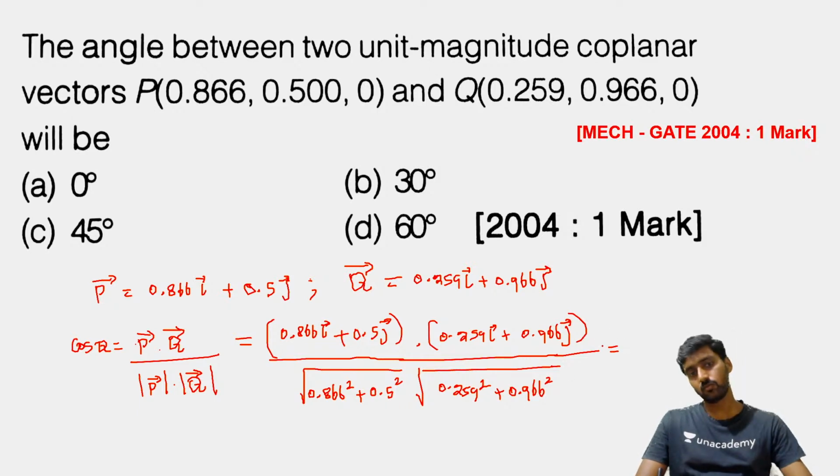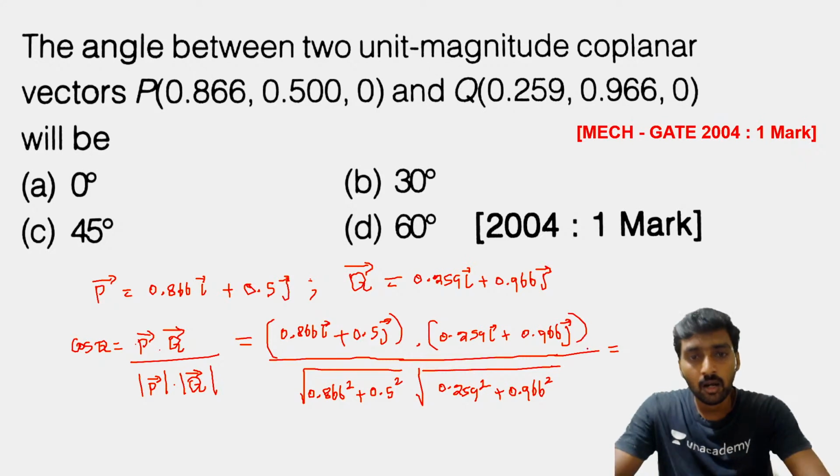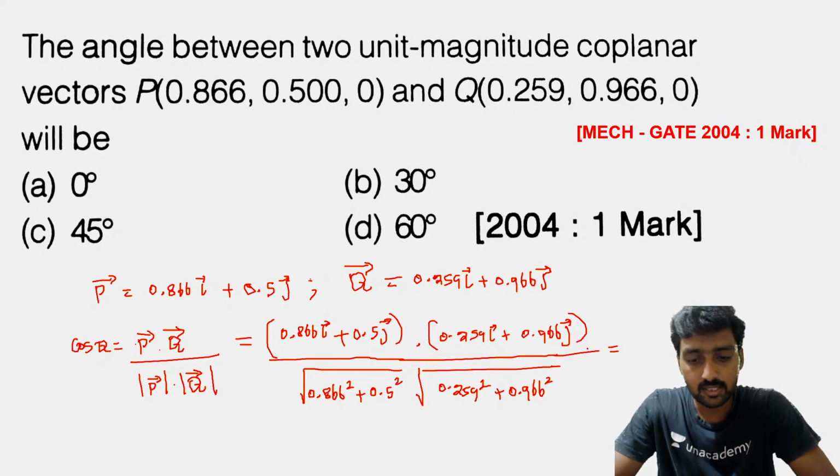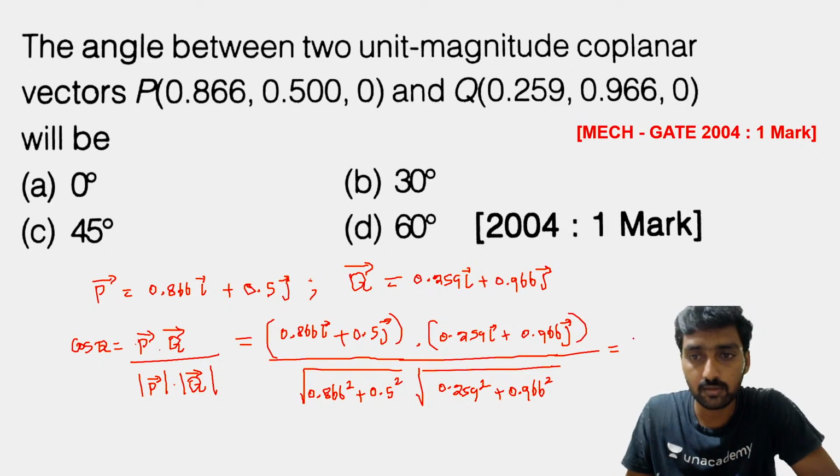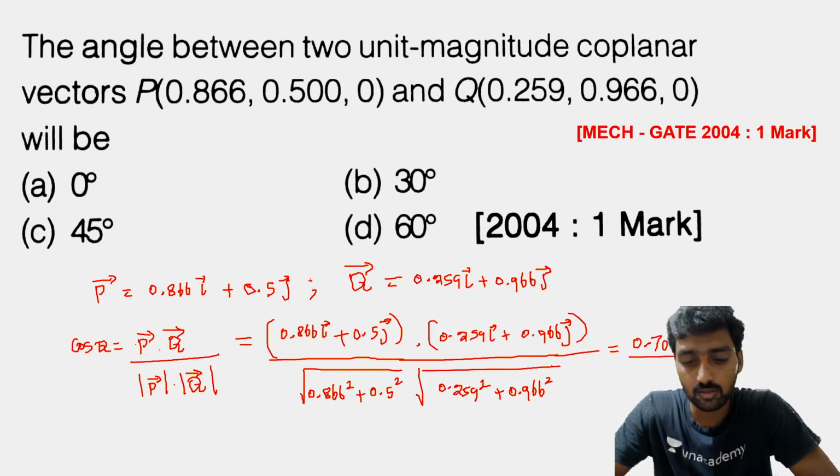While multiplying it, what are we getting here? 0.866 into 0.259 plus 0.5 into 0.966, it's 0.707, divided by root of 0.866 the whole square plus 0.5 the whole square, into root of 0.259 the whole square plus 0.966 the whole square.